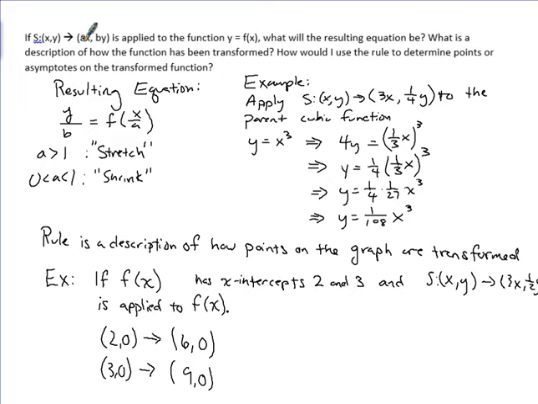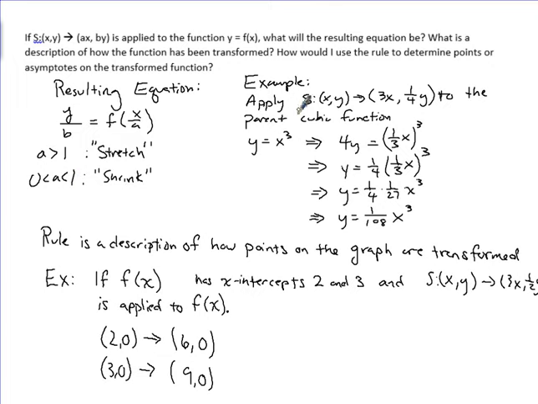The same thing with this a times x, that's going to be x divided by a, or 1 over a times x. If your a value, or the number you're multiplying by, is greater than 1, that means that the function is going to be stretched out. If it's between 0 and 1, so for example 1/2, we're going to use the term shrink.